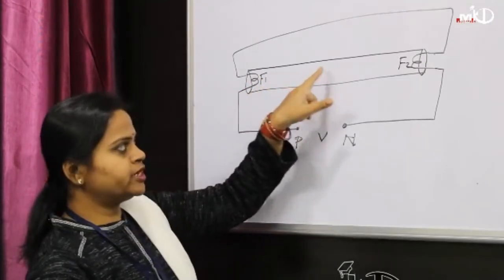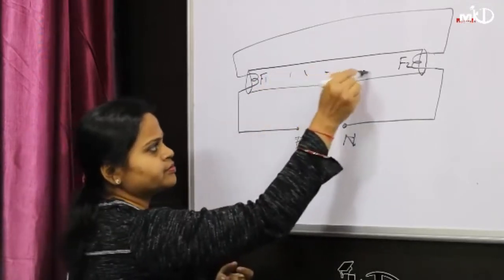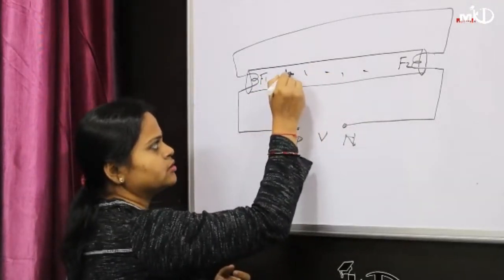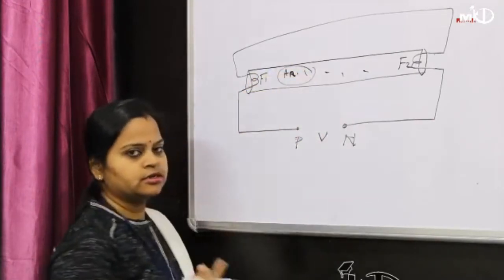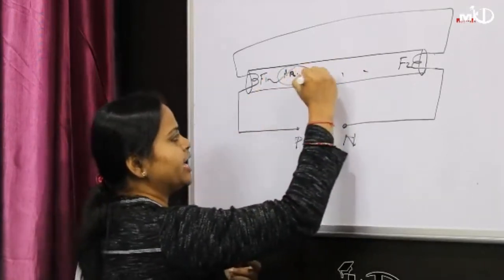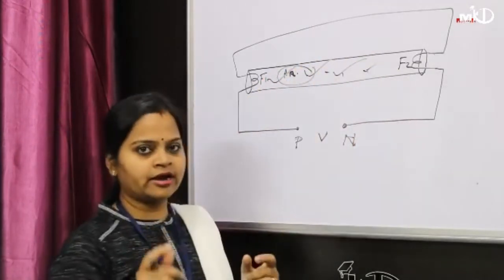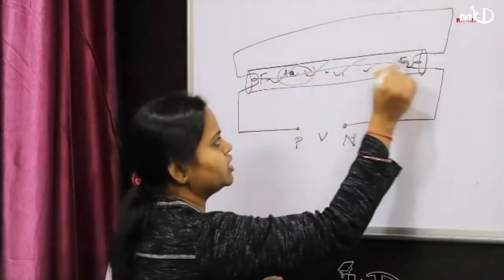In this tube, we have some gases, argon gas suppose, or some atomic gases. When the tube will glow, when it gets energized, that gas must be energized. After that, the light energy will flow.